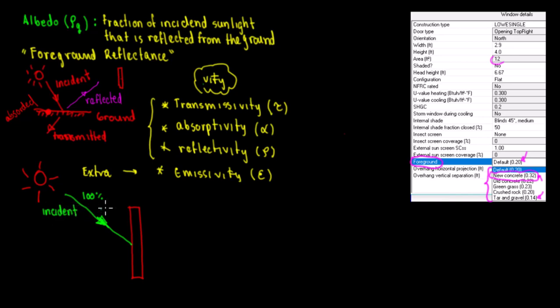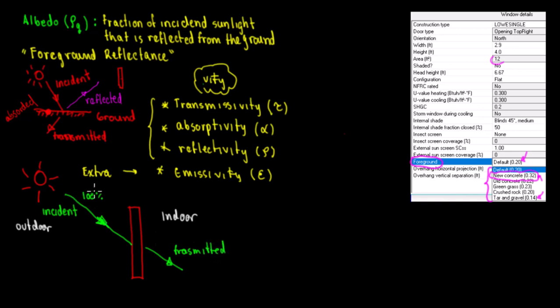What happens is that not all of the 100% is going to be transmitted to the indoor part. So let's put the indoor part inside, and that's going to be outside, the outdoor. Not everything is going to be absorbed, so some is going to be transmitted. And that's what we call transmitted.